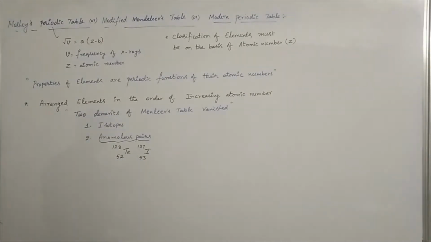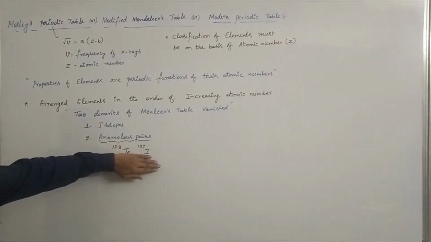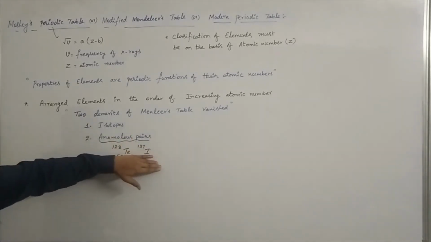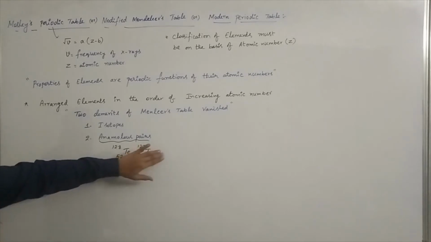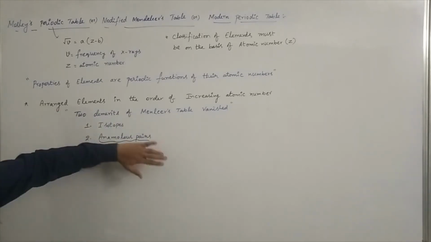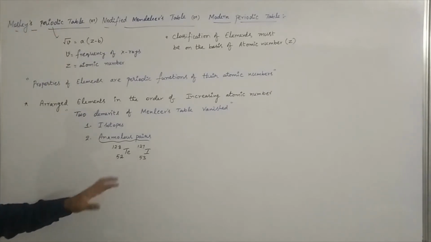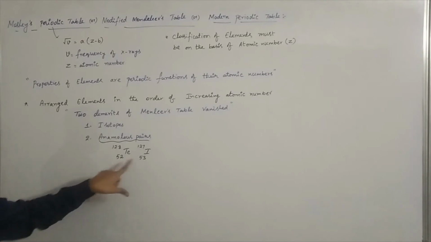According to Mendeleev, what is the order of arrangement? First iodine, next tellurium. But based upon properties, giving priority to properties, he arranged tellurium before iodine. This is the anomalous way. But according to Moseley, they must be arranged in the manner tellurium and iodine, because the atomic numbers are 52 and 53.